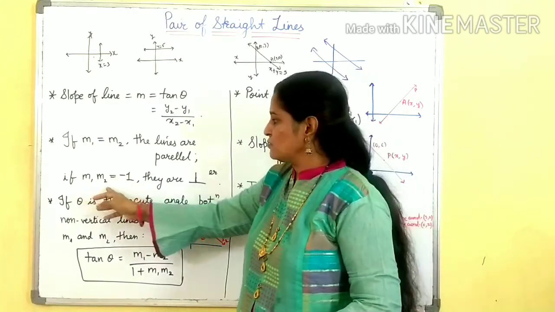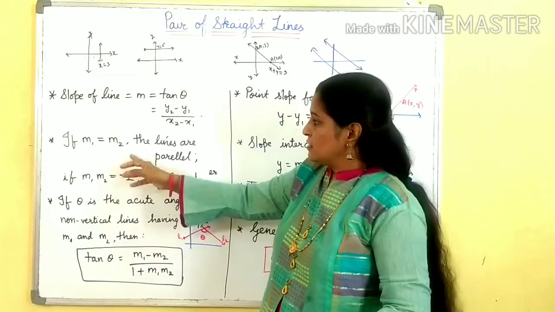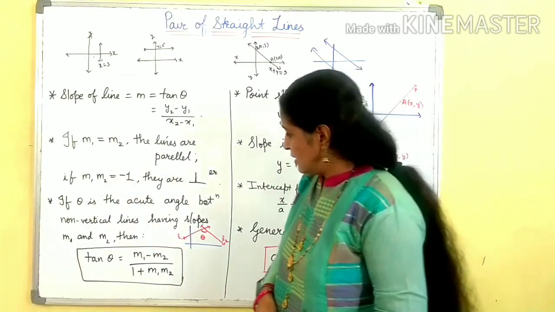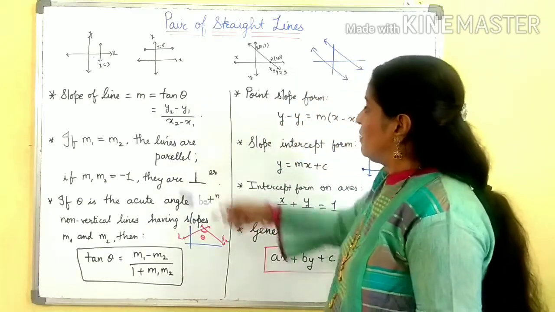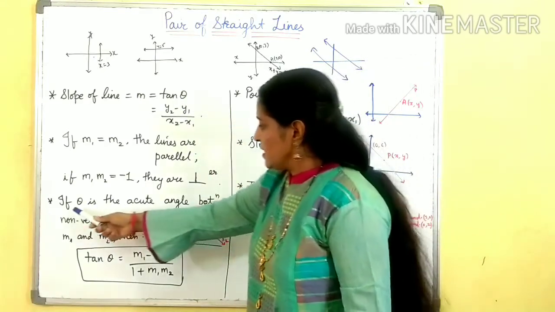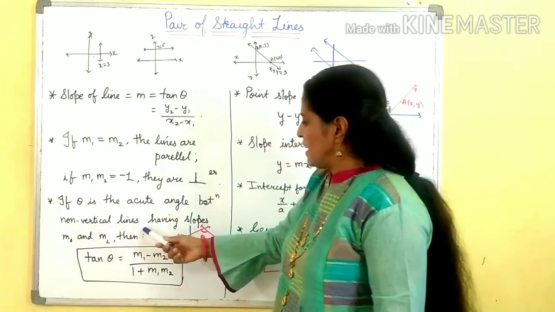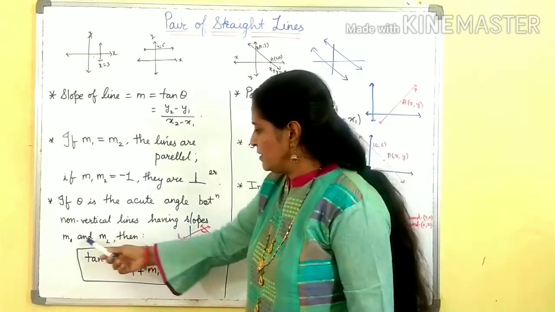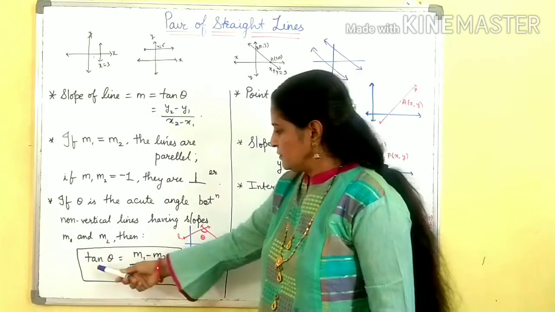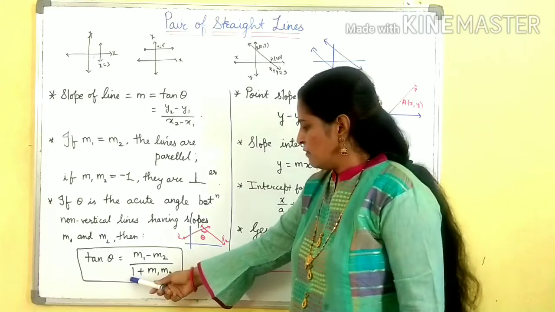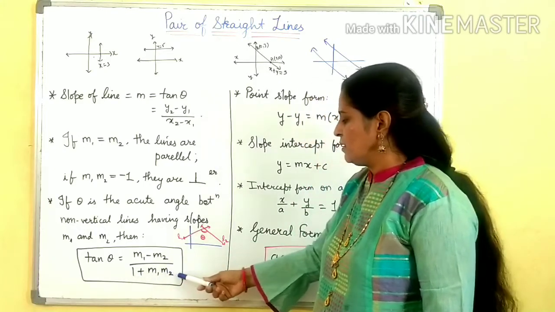That is, the product of slopes is equal to minus 1. These two results are used in your theorems. Now, for the acute angle, if theta is the acute angle between non-vertical lines having slopes m1 and m2, then tan theta is equal to m1 minus m2 upon 1 plus m1 m2.